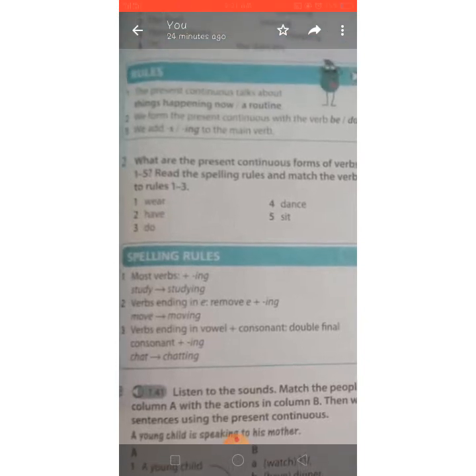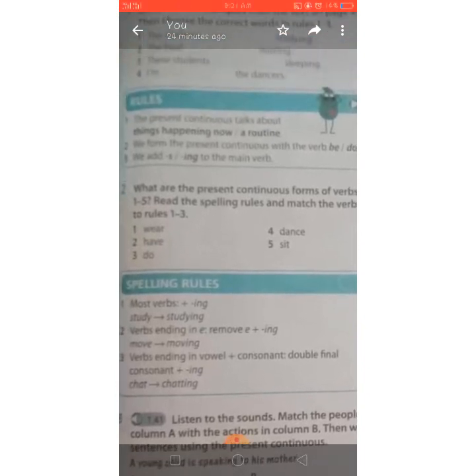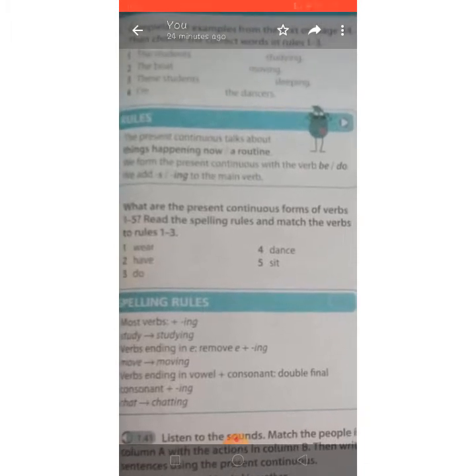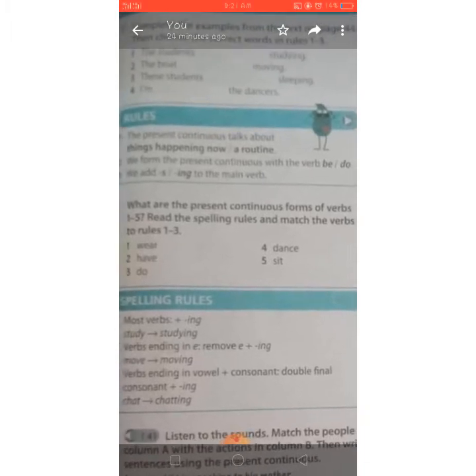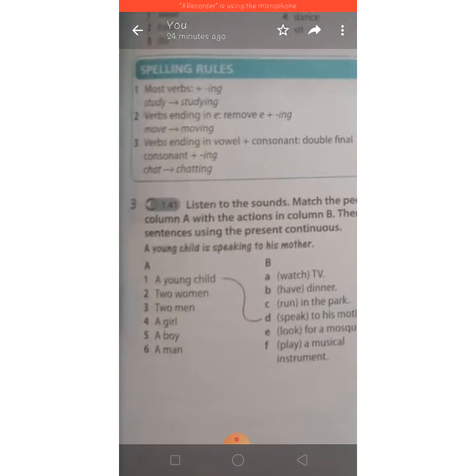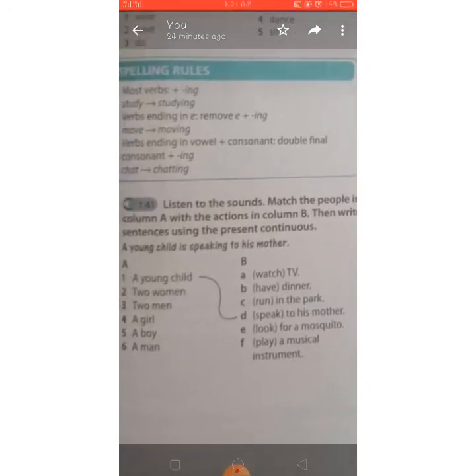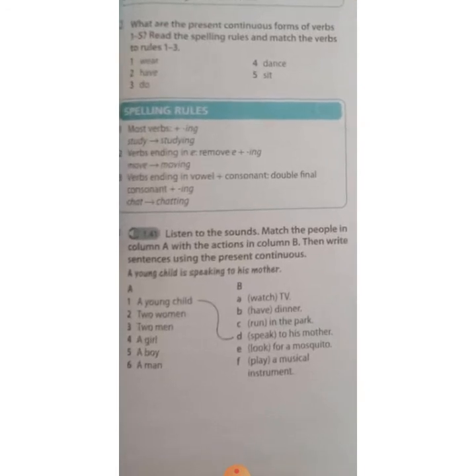Only answer exercise 2, number 1 to 5. You just put the ing for the verb. And then number 3, I'm going to give you an audio. So you have to match column A with column B. But in this column, they are not using present continuous tense yet.